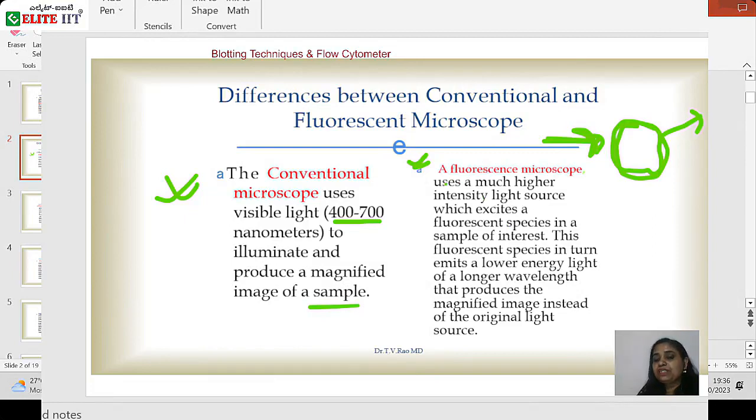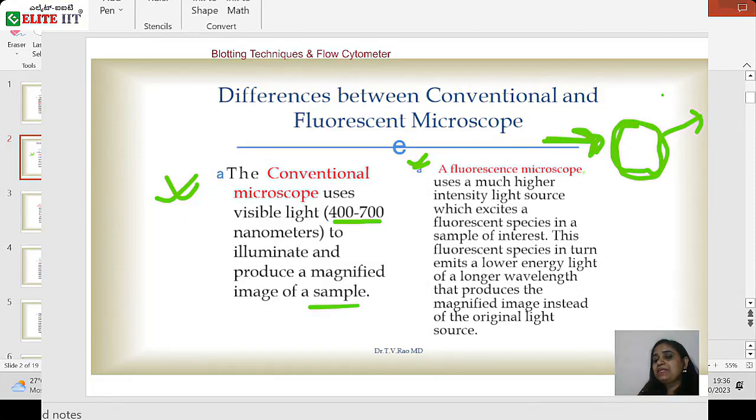Okay, so let me read again. A fluorescence microscope uses a much higher intensity light source which excites a fluorescent species in a sample of interest. Now, this fluorescent species in turn emits a lower energy light. That means initially the wavelength of the light source is less, but after emission, the wavelength is higher.